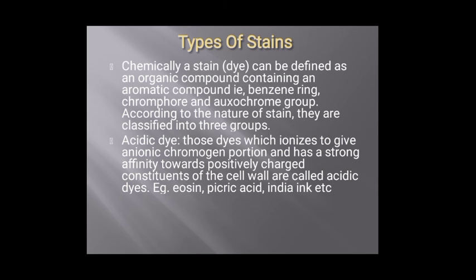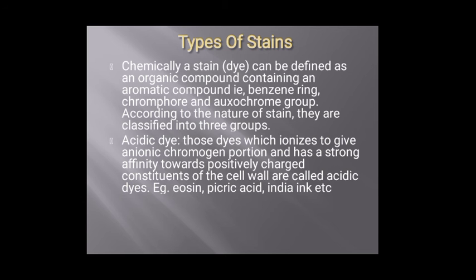Acidic dyes are also called anionic dyes or anionic stains, as they are responsible for forming negatively charged chromophore groups. Examples of such acidic dyes are eosin, picric acid, India ink, and nigrosin.